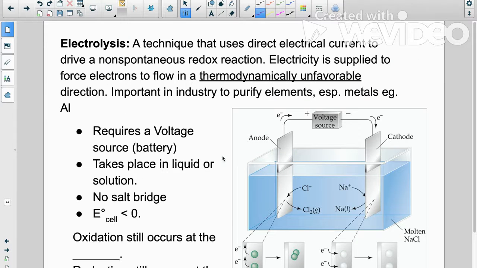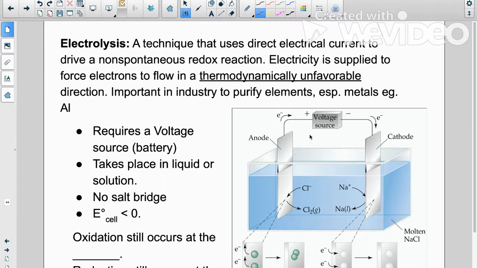All right, so electrolysis uses direct electrical current to drive a non-spontaneous redox reaction. So electricity is supplied. Here's a voltage source right here shown in this reaction, and it forces the electrons to go in the direction that they would not normally go. And it's a very important process in industry, especially for purifying elements.